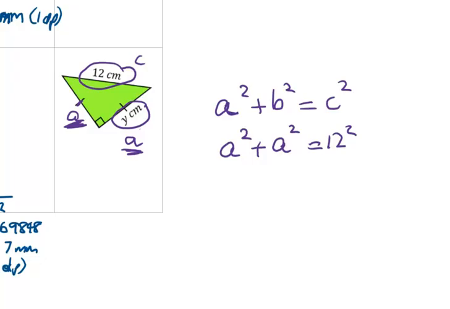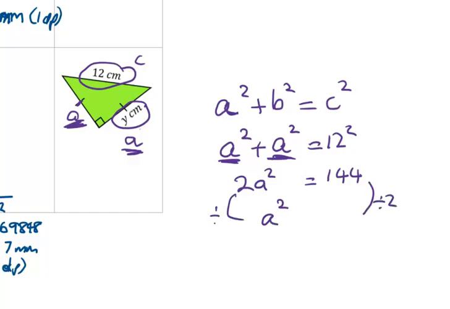So again, because you're in year 11 and it's a revision video, the algebra here shouldn't feel too bad, right? So we've got a squared plus a squared. We've got 2a squared, adding my like terms. 2a squared is equal to 144. That gives me, dividing both sides by 2, a squared is equal to 72.